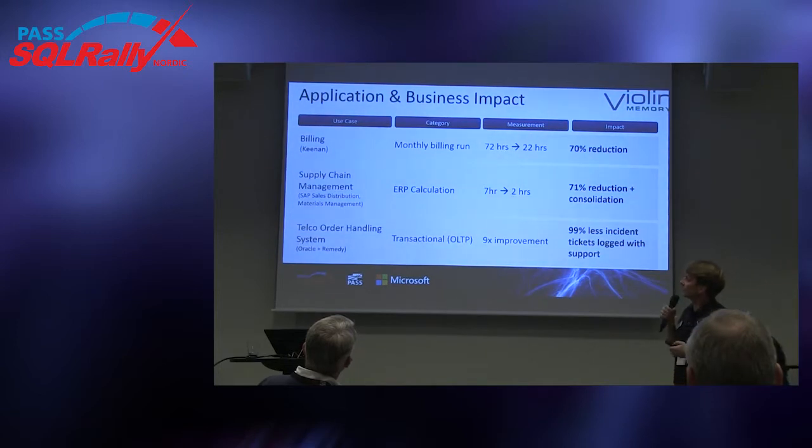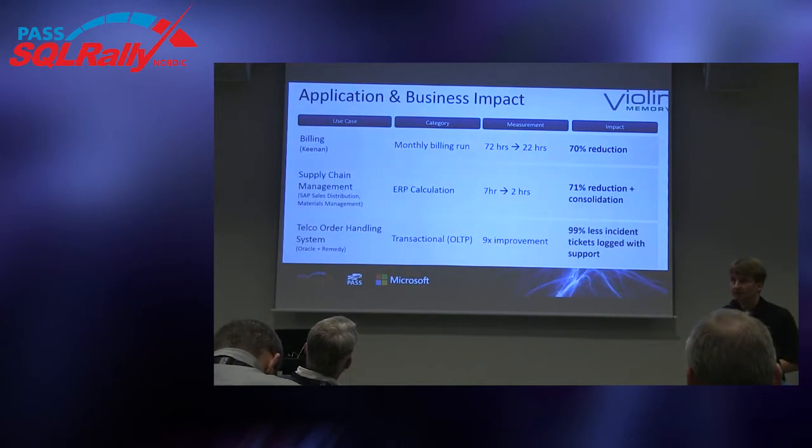So some of the business impacts, because we are probably all of us technicians, but the ones that pay for this is the upper management. They want to see results in savings or better earnings, one or the other. So we did some billing with monthly billing runs that went from 72 hours down to 22 hours.